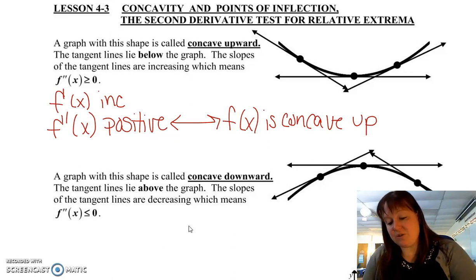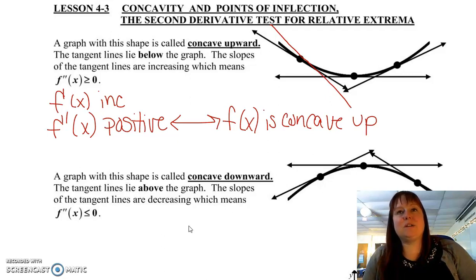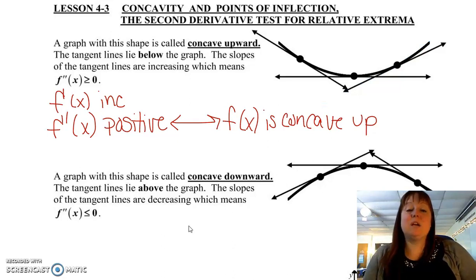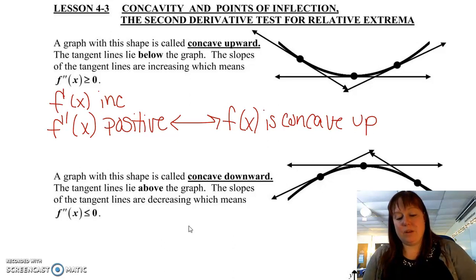If I drew this tangent line above the graph, right here, it would cross the function more than once, so it wouldn't be a tangent line anymore, it would be a secant line. If I tried to draw any tangent lines inside the function, it wouldn't work because they would cross over a couple times. So tangent lines below the graph means we're concave up.